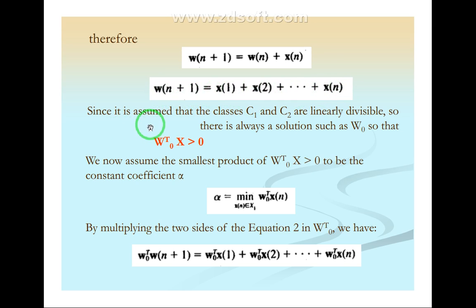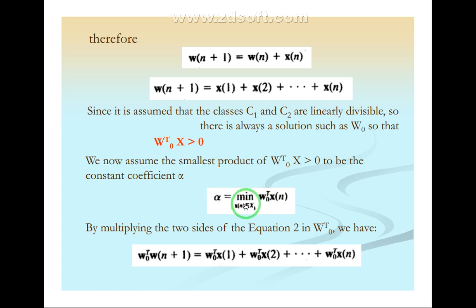Since it is assumed that the classes C1 and C2 are linearly separable, there is always a solution such as W0, which is called the adjusted weights. We now assume the smallest product to be the constant coefficient alpha.